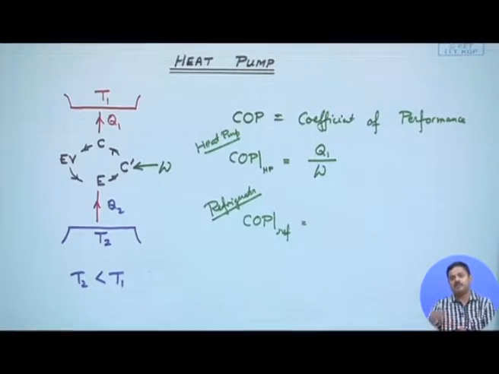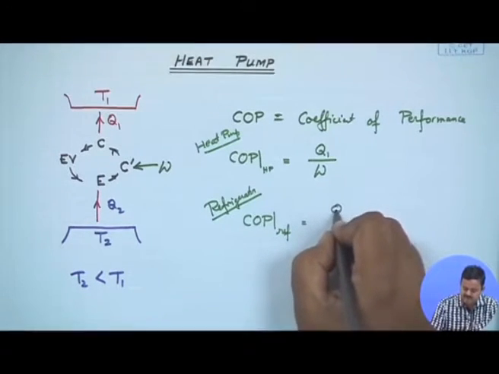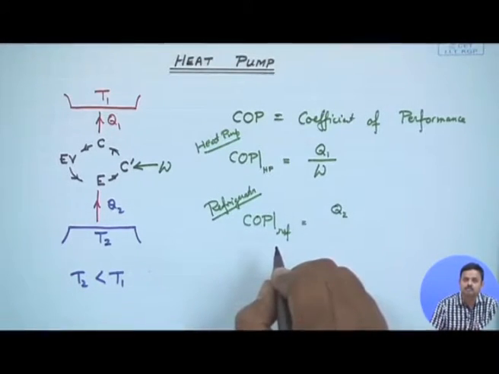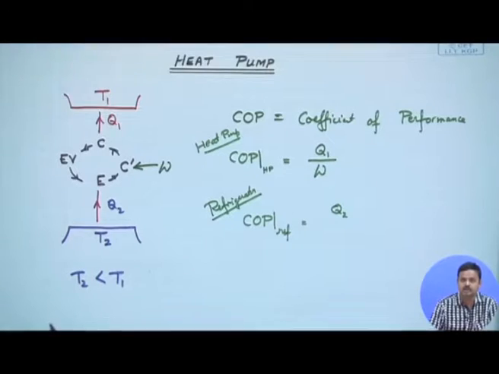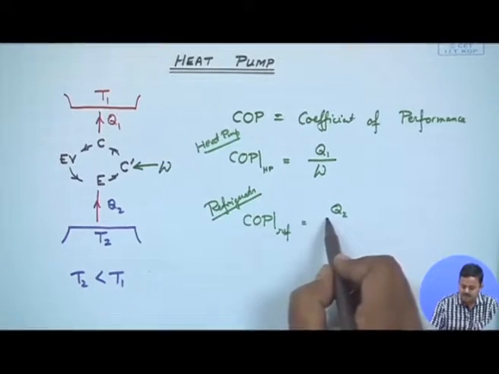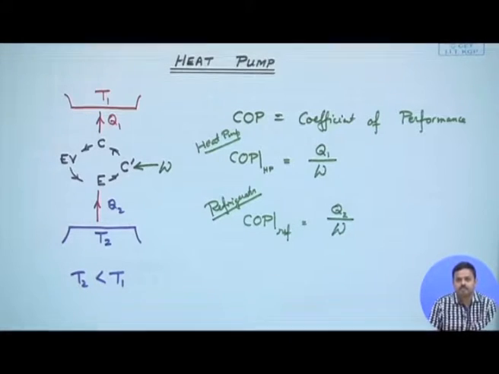So, for a refrigerator, my desired effect is Q2, the heat that I supply to the evaporator, and of course, the penalty paid, the work done, is the same. Clear?